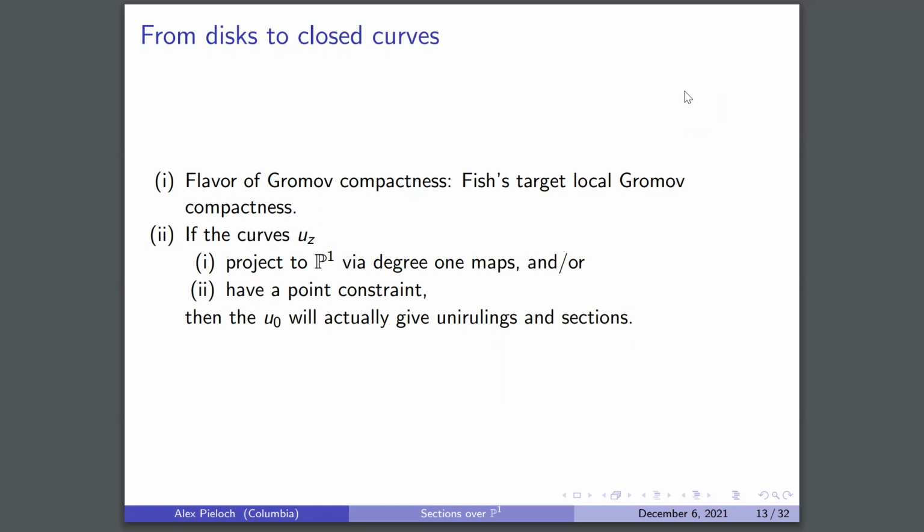And similarly, if you want to get unit ruling, you'll consider disks that have some point constraint that you can take to be anywhere inside of your space. Okay, so you can use this additional information to also get unit rulings inside of M bar as well. Okay, but the essential idea is we take a disk and we split it off into a copy of P1 and some other disk. And all of these additional sort of conditions that we wanted just come along free.